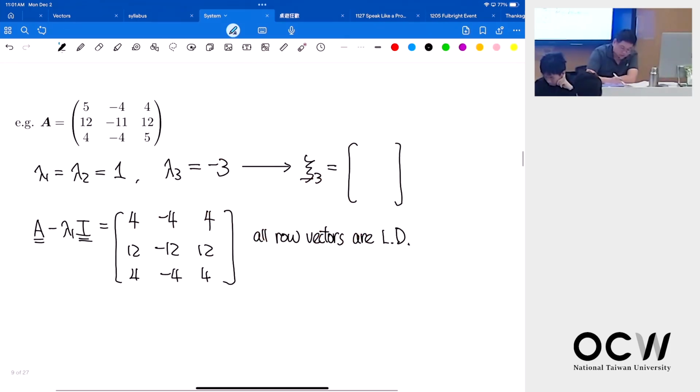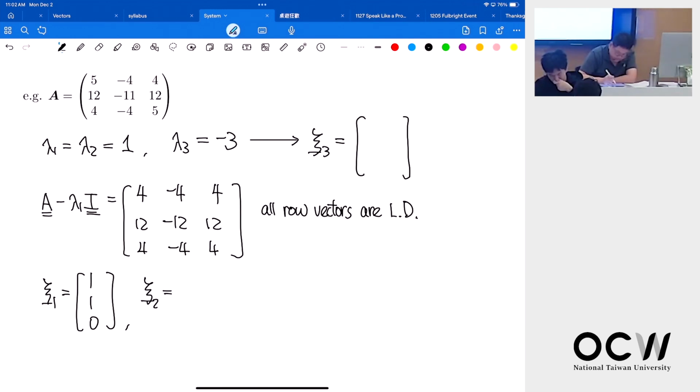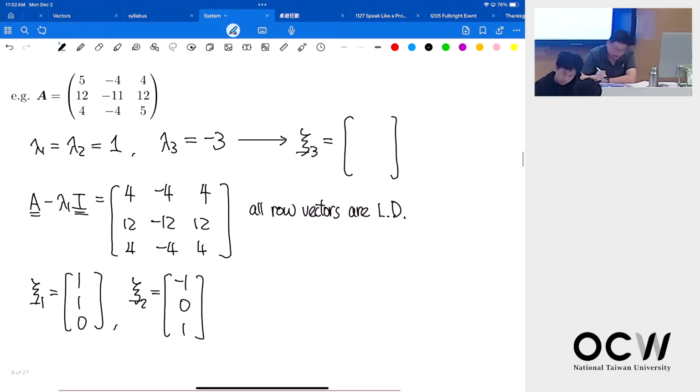So we can choose the first eigenvector (1, 1, 0), and the second eigenvector (-1, 0, 1). And for this eigenvalue -3, the associated eigenvector is (1, 3, 1).